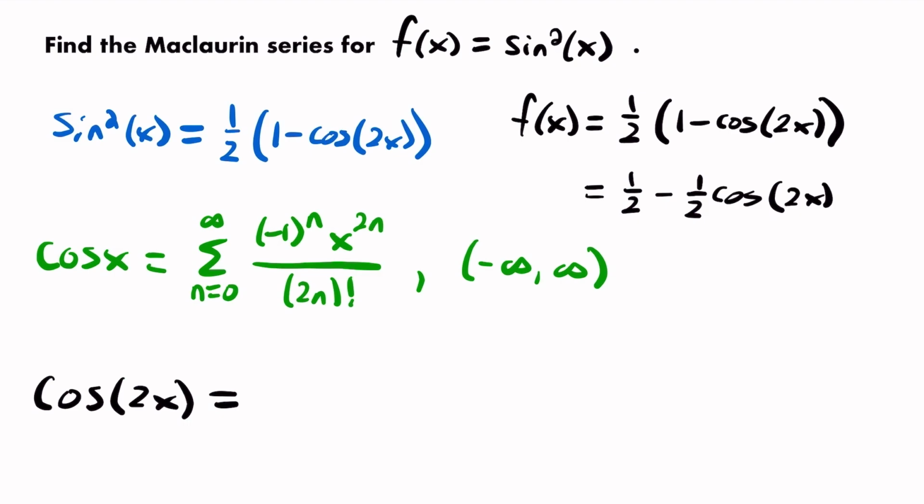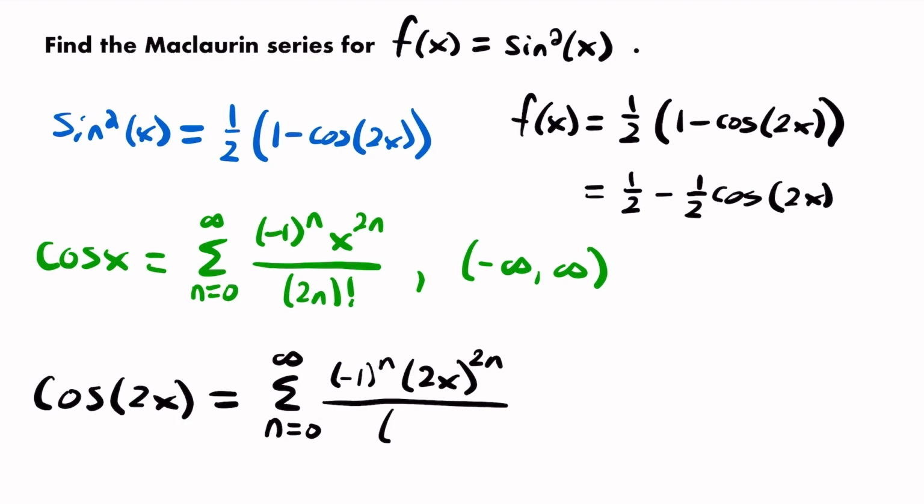So here's what that looks like. We'll have the sum from n equals 0 to infinity of -1 to the power of n times 2x to the power of 2n divided by 2n factorial. And that is the Maclaurin series that represents cosine of 2x. It's the same Maclaurin series that we had for cosine x, except x is replaced with 2x.